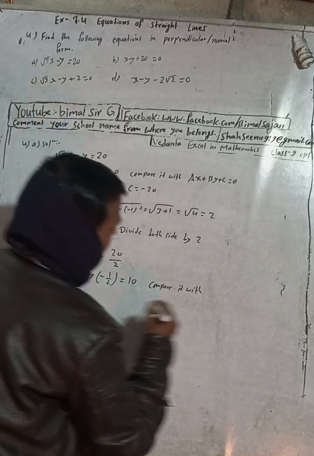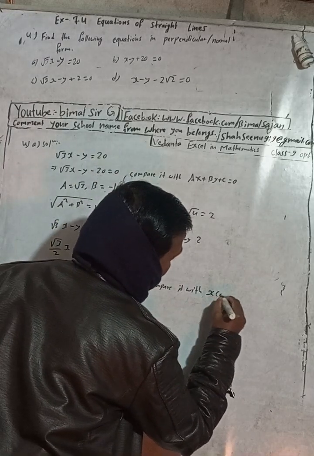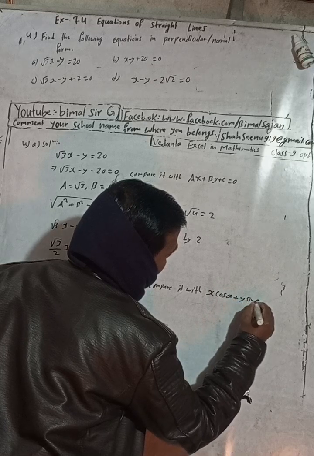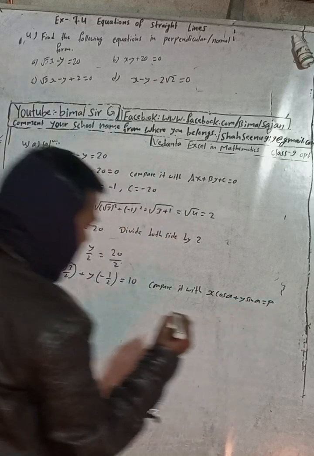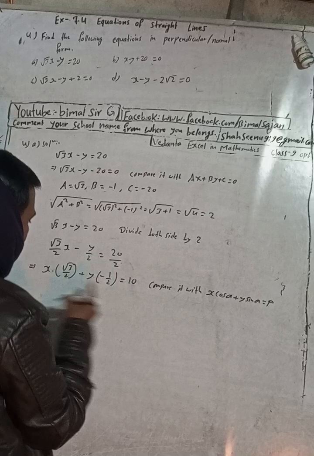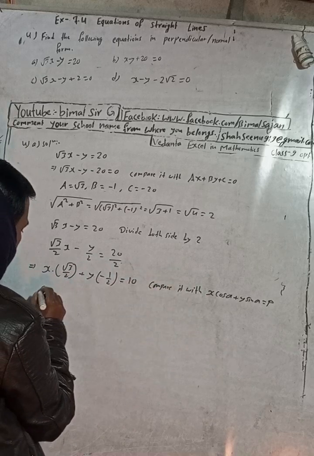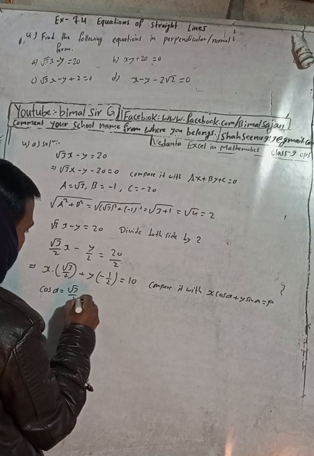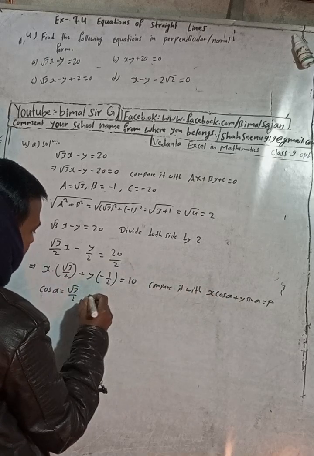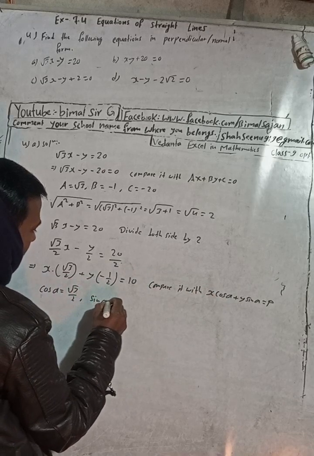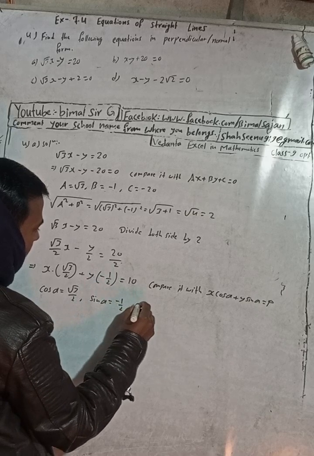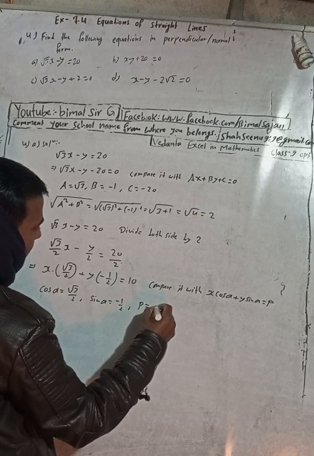So compare it with x cos alpha plus y sin alpha is equal to p. When you compare this, we will get here cos alpha is equal to root 3 by 2, and sin alpha you will get here minus 1 by 2, and p is equal to 10.